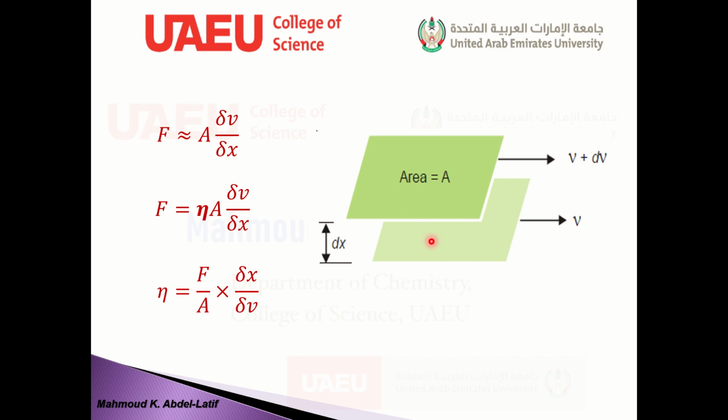If you have two moving layers, there is a difference between the velocities, dv, and the distance between both is dx. So we can replace the proportionality with an equality sign, and we have to use a constant. In that case, we call it eta, which is the specific viscosity of a certain liquid, and it's characteristic for each solvent.